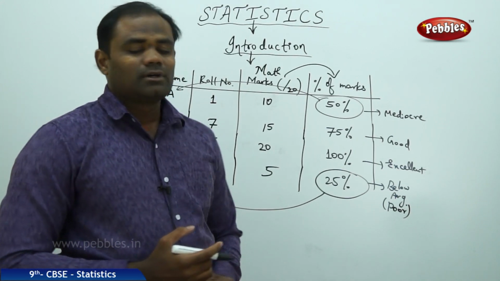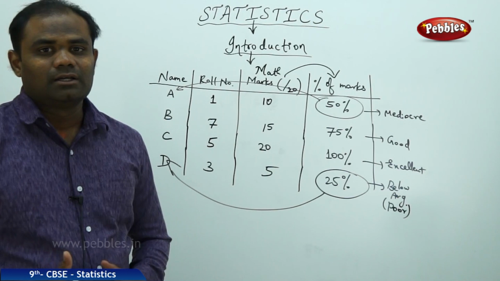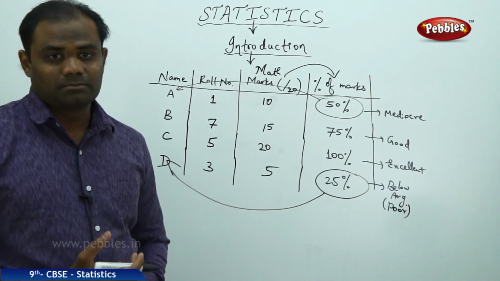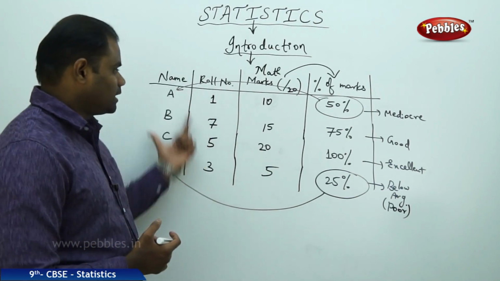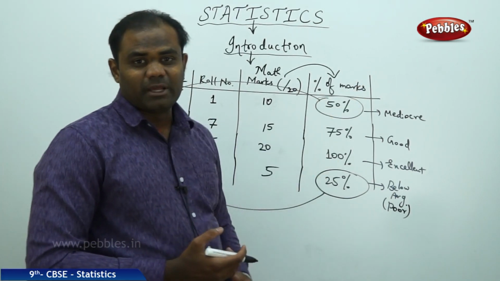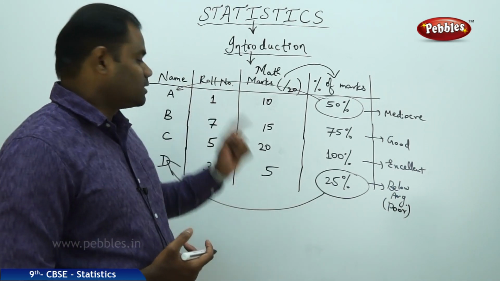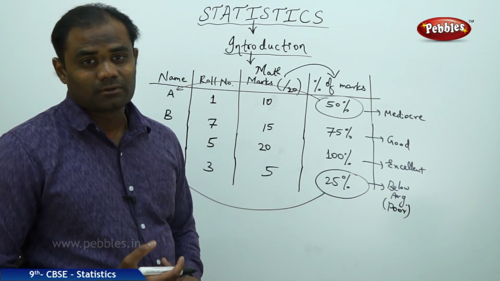So therefore, my statistical data helps me in analyzing the data and making positive outcomes. The teacher here has analyzed the data of marks into the percentage and made some precautionary measures. Student D and student A are taken proper care of.